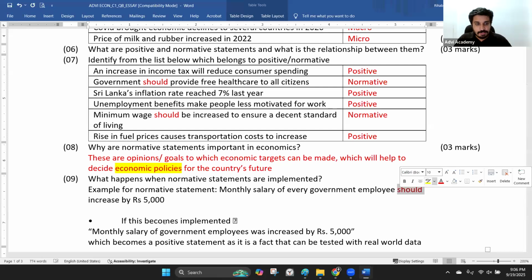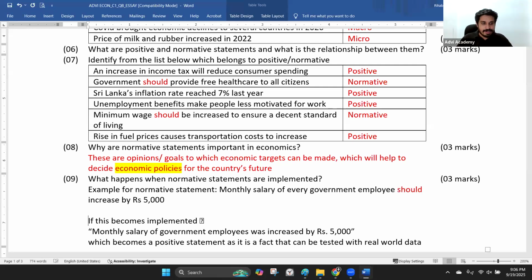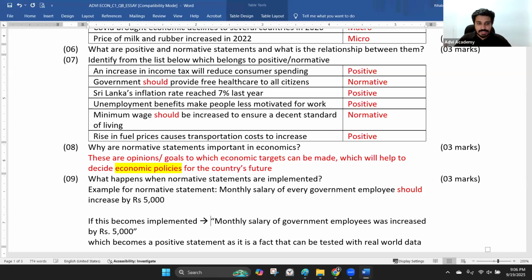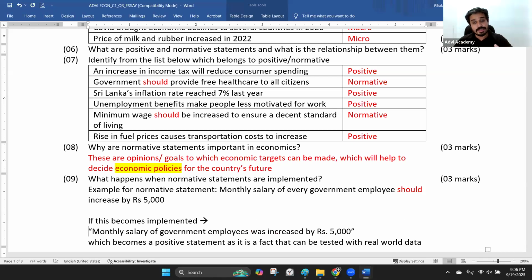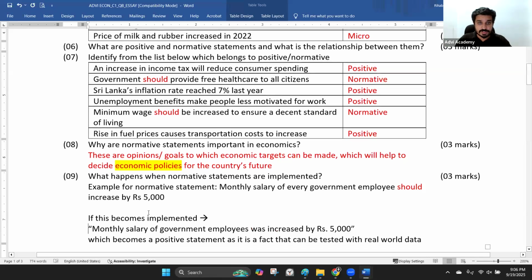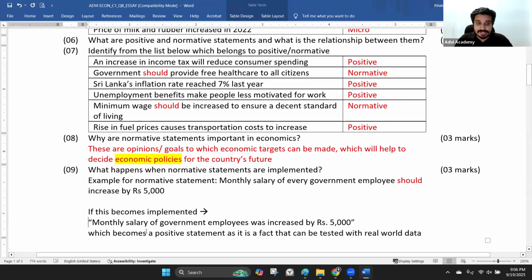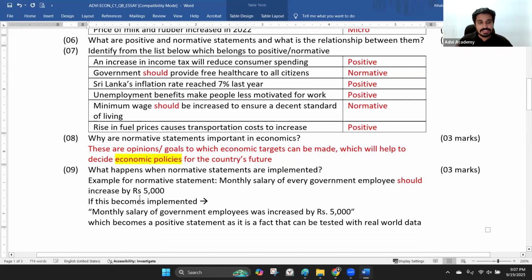This is an opinion. But if this becomes implemented, it basically becomes "monthly salary of government employees was increased by 5,000." It becomes a positive statement. That is why normative statements are important.